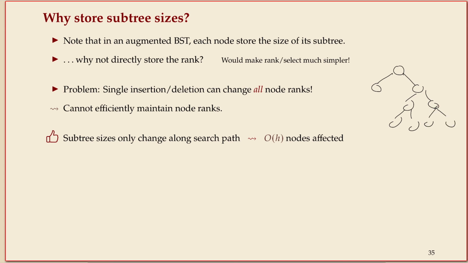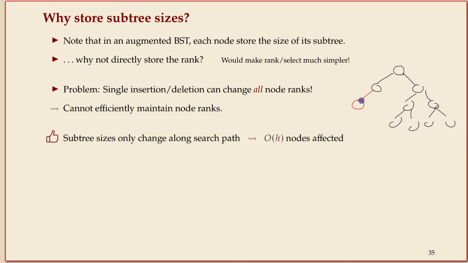And now you add a new element here on this side. Then the ranks of all those guys change. And there's just no way we can possibly visit all those nodes in the short time we spend walking down this search path. We can't visit every other node in the tree and update its rank, add 1 to the rank.